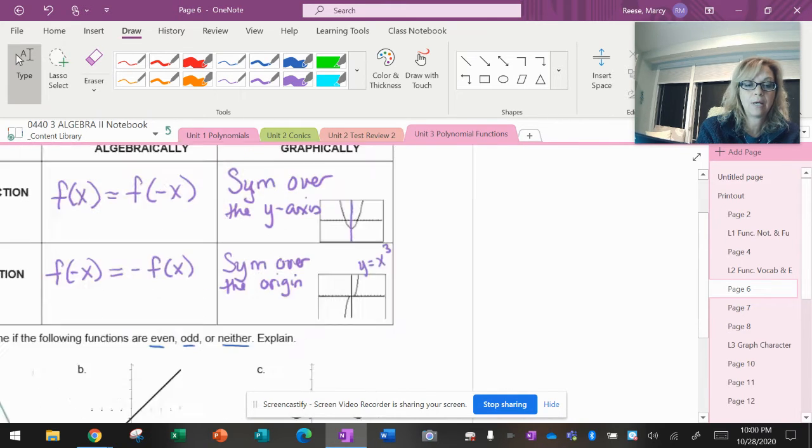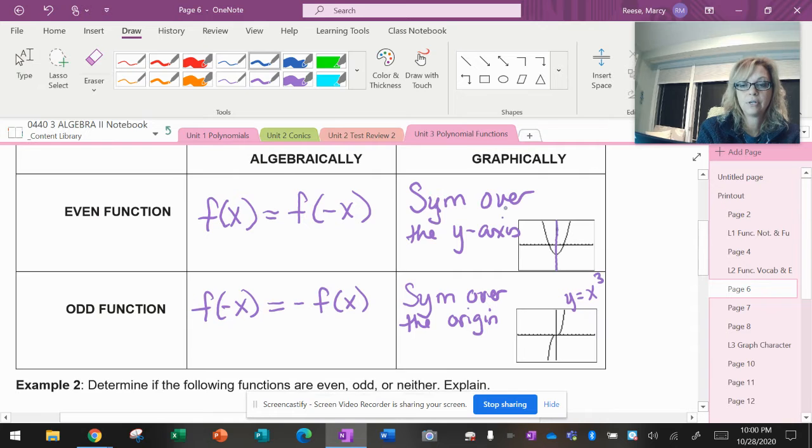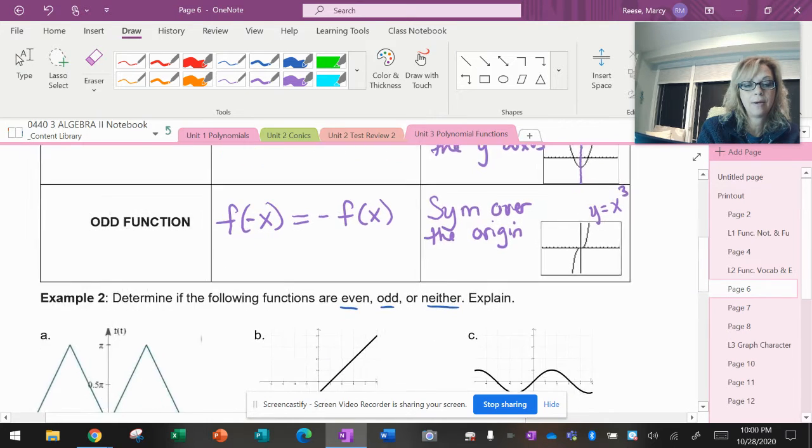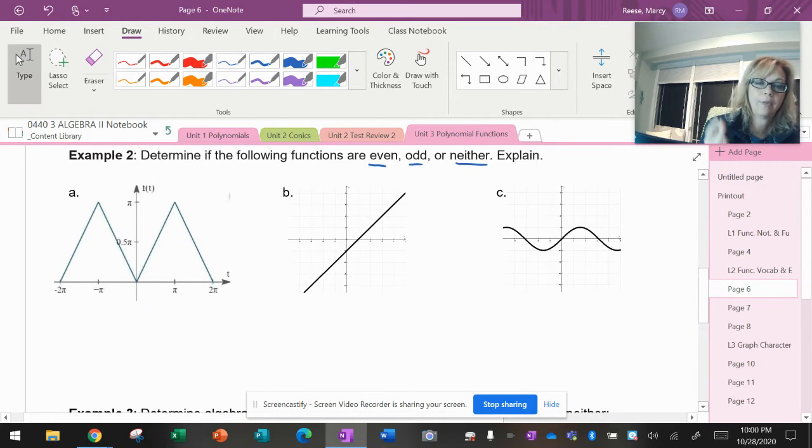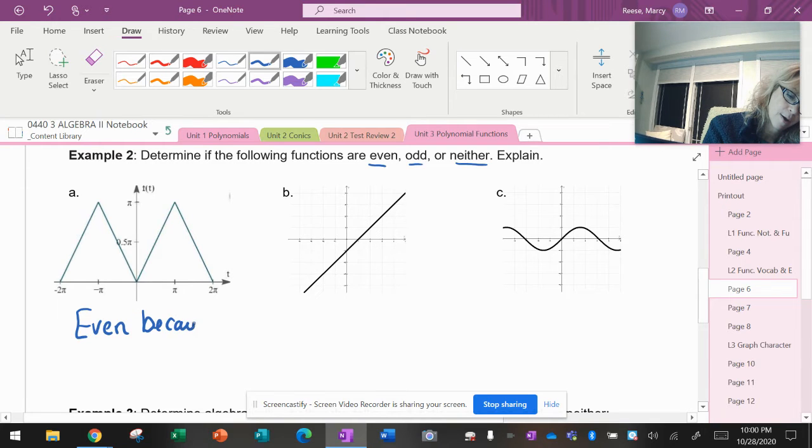Remember what we said: in even functions, if we can fold them at the y and they're symmetric, the left and the right match. That's even. So we're going to say even because it's symmetric over the y-axis.